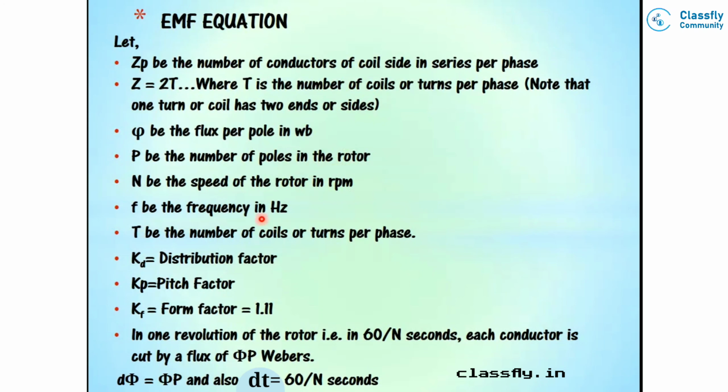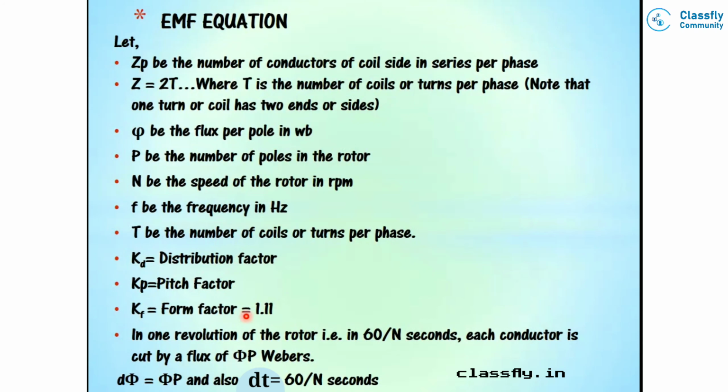F is the frequency and its unit is hertz. And T, as I already told, is the number of coils or turns per phase. There are three factors. First is the distribution factor, represented as Kd. Kp is the pitch factor, also represented by Kc, and Kf is the form factor, whose value is 1.11.